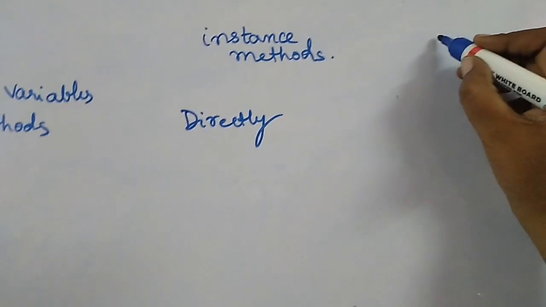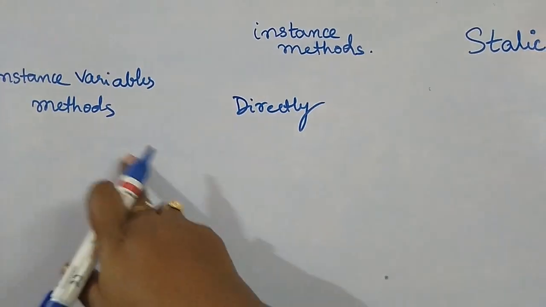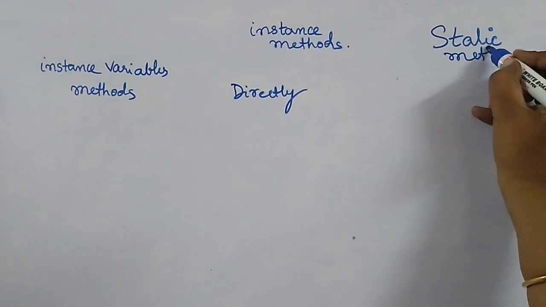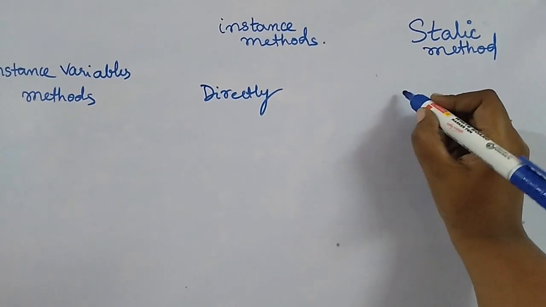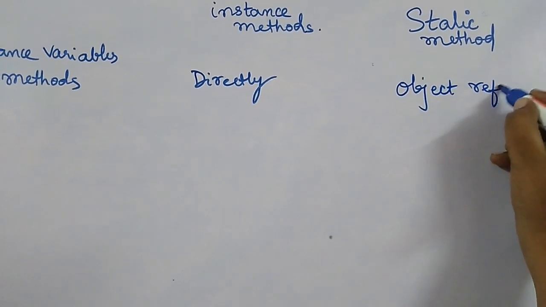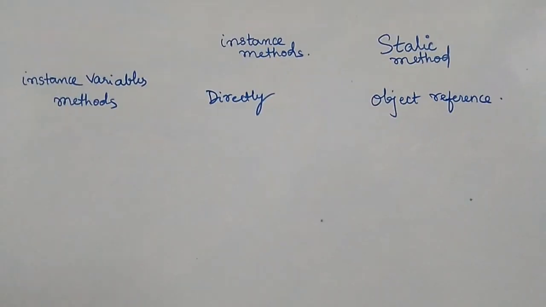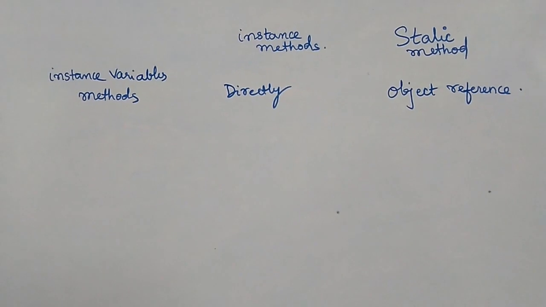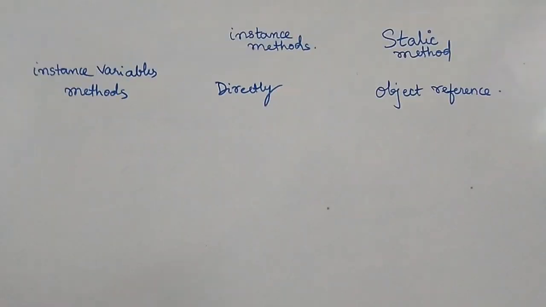Okay, right. How can you access instance variables and instance methods in a static method? They can be accessed only through an object reference. To access an instance variable you need an object reference. To access an instance method you need an object reference.